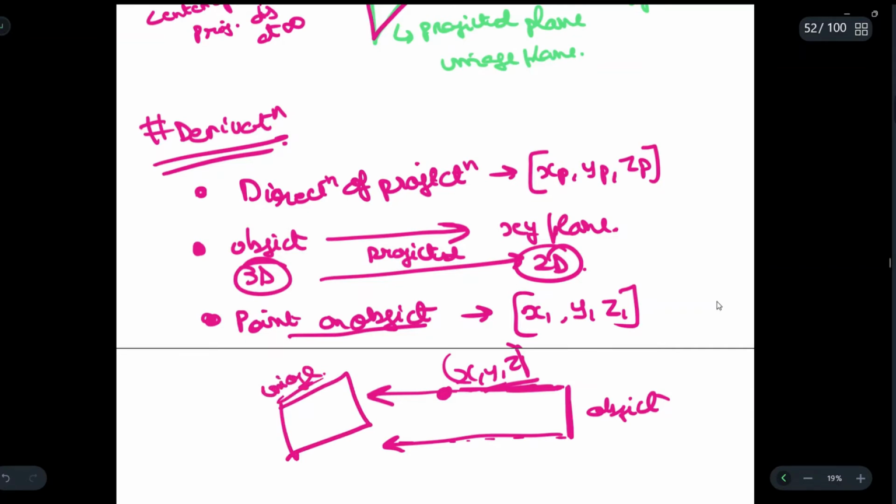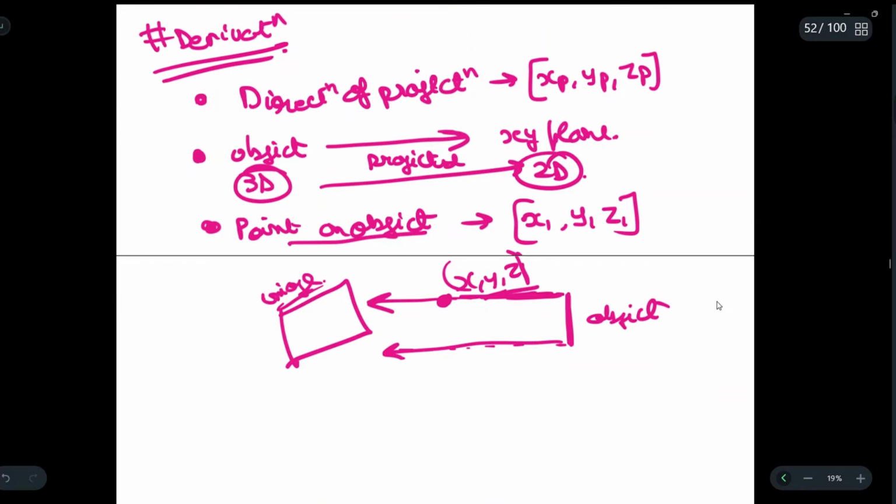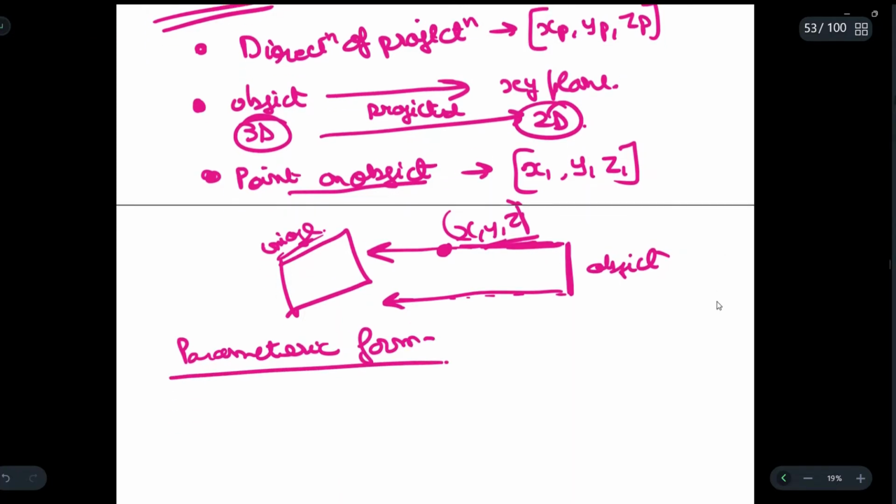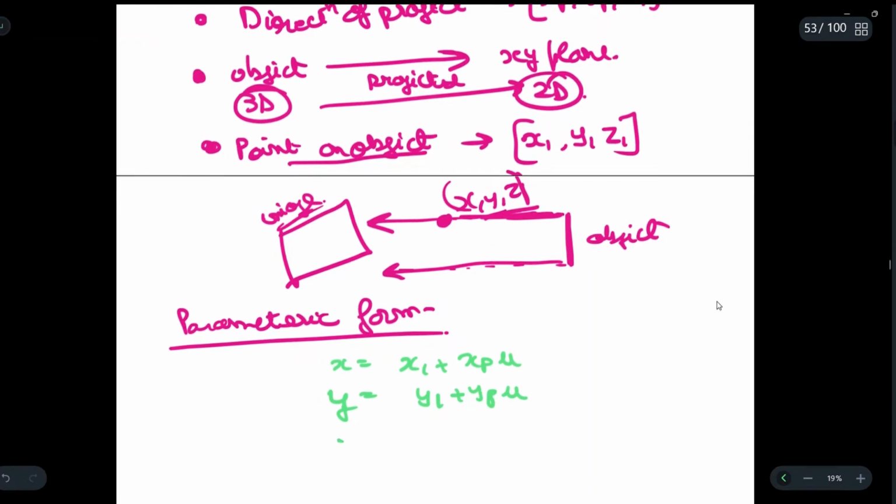Now let us write the parametric form of the equations of the line in all 3 coordinates. We get x equals x1 plus xp u, y equals y1 plus yp u, and z equals z1 plus zp u.